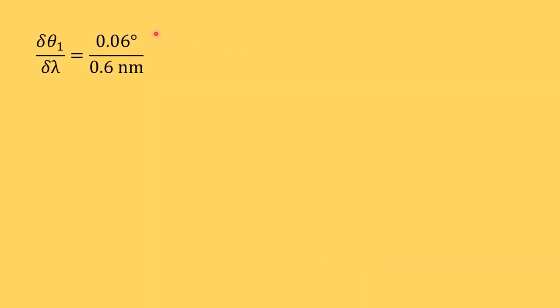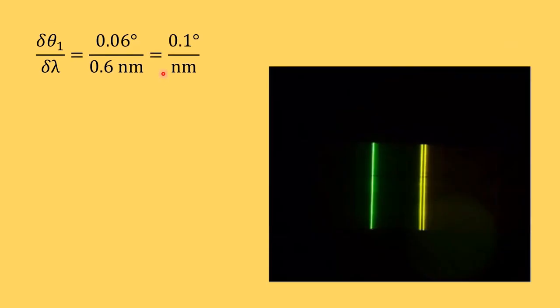Now, if we look at this ratio, 0.06 degrees for a wavelength difference of 0.6 nanometers, that's the same as saying that you can expect an angular shift of 0.1 degrees for every 1 nanometer difference in the wavelength. So if you increase or decrease the wavelength of light going into the diffraction grating by 1 nanometer, you can expect approximately a 0.1 degree shift in the diffraction angle for the first order.